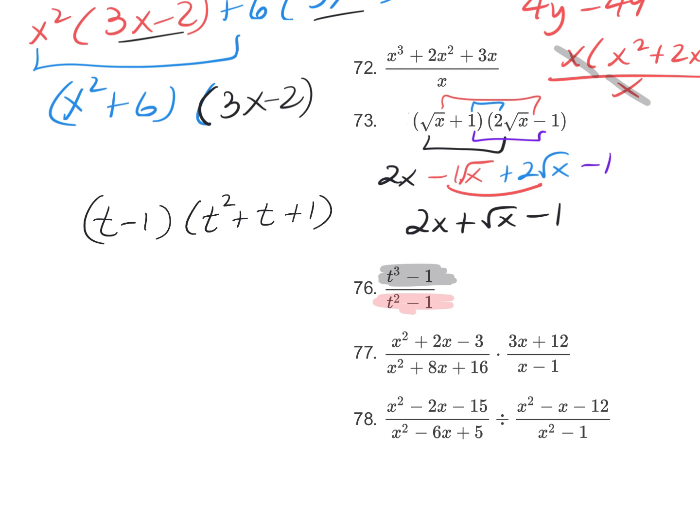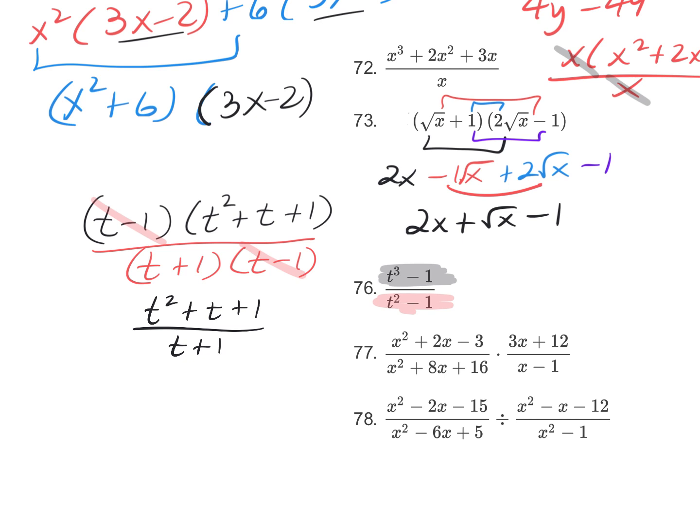And then the denominator will factor in difference of 2 squares, t plus 1, t minus 1. The t minus 1's cancel, so final answer on number 76 is going to be t squared plus t plus 1 over t plus 1.